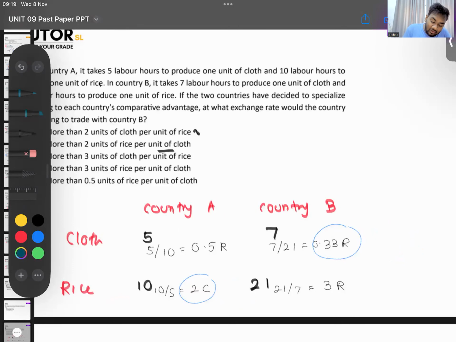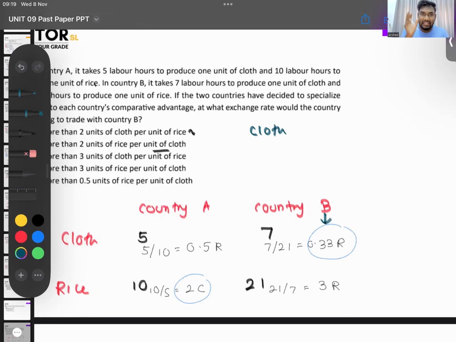Okay, we'll start with cloth. Who is exporting cloth? Country B. In their country, for 1 cloth, they are getting 0.33 rice. So for a unit of cloth, in their country itself, if they are getting 0.33, they will expect more than 0.33 rice.